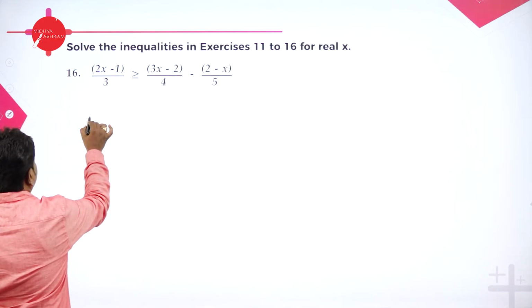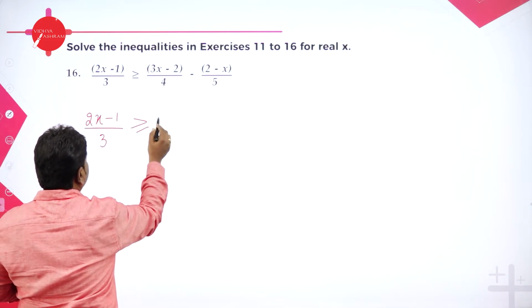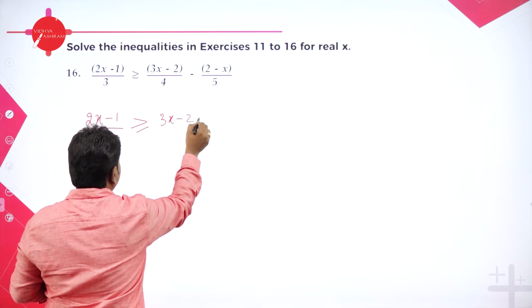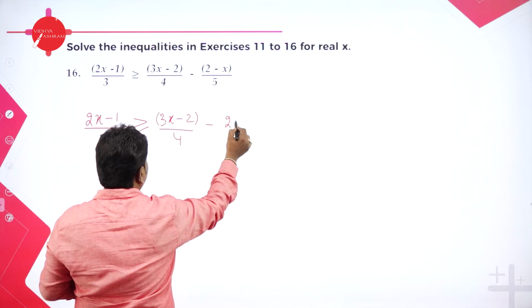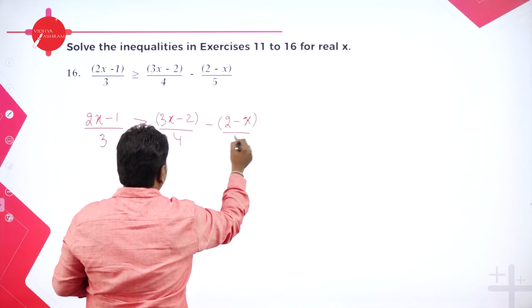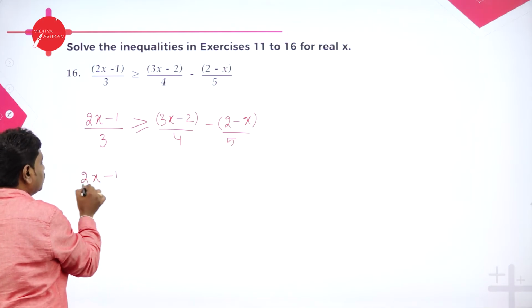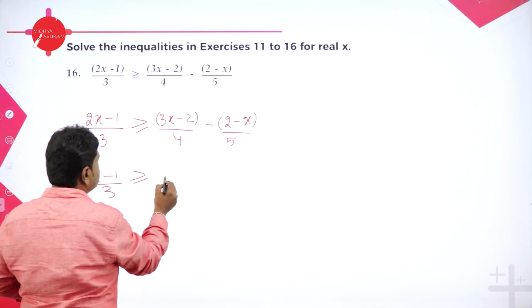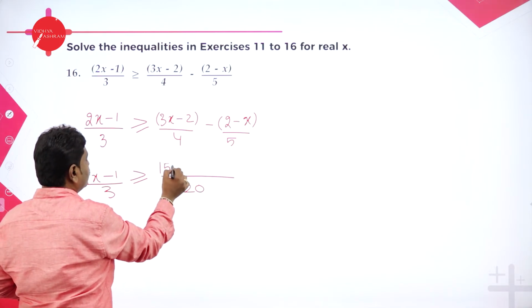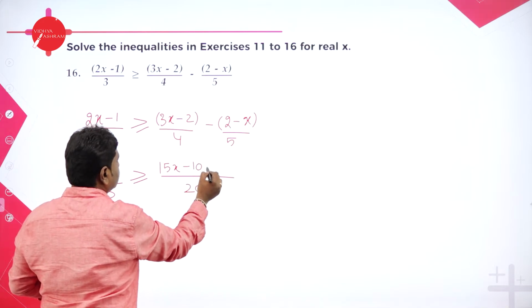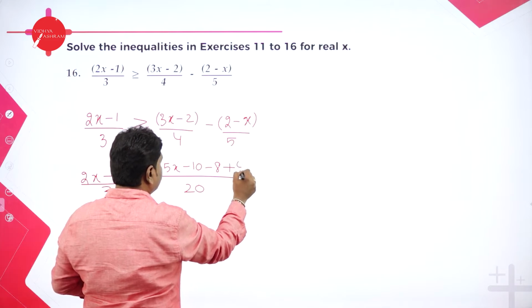2x minus 1 by 3 greater than or equal to 3x minus 2 by 4 minus 2 minus x by 5. Simplify this by taking LCM. LHS is in simplified form, 2x minus 1 by 3, greater than or equal to LCM for 4 and 5 is 20. So 5 3s are 15x minus 5 2s are 10 minus 4 2s are 8, minus into minus becomes plus 4x.